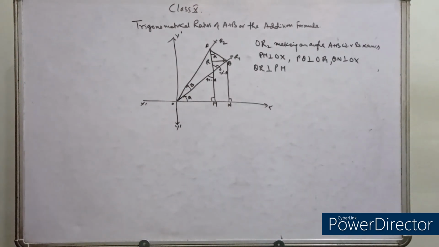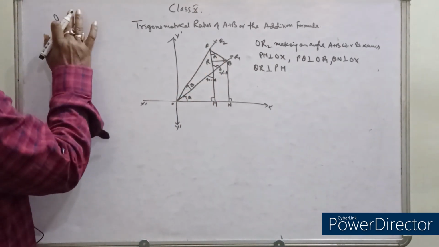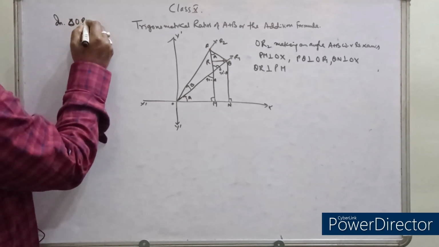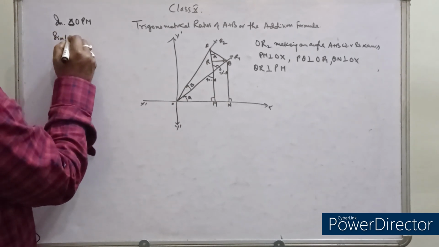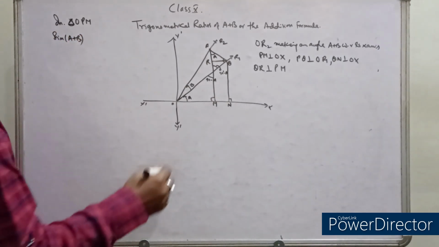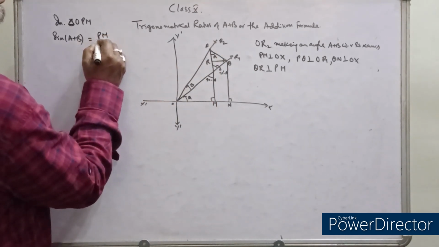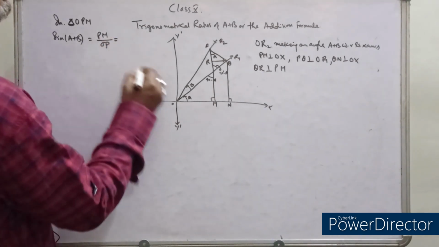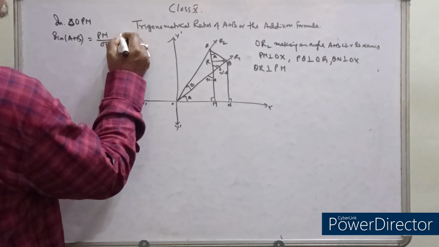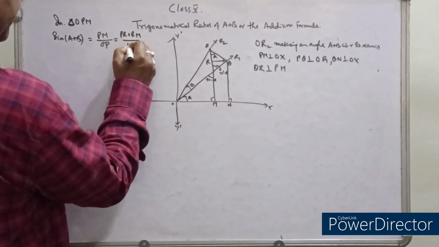Now we will proceed. In triangle OPM, sine of A plus B is perpendicular by hypotenuse, PM by OP. So instead of PM you can write PR plus RM by OP.